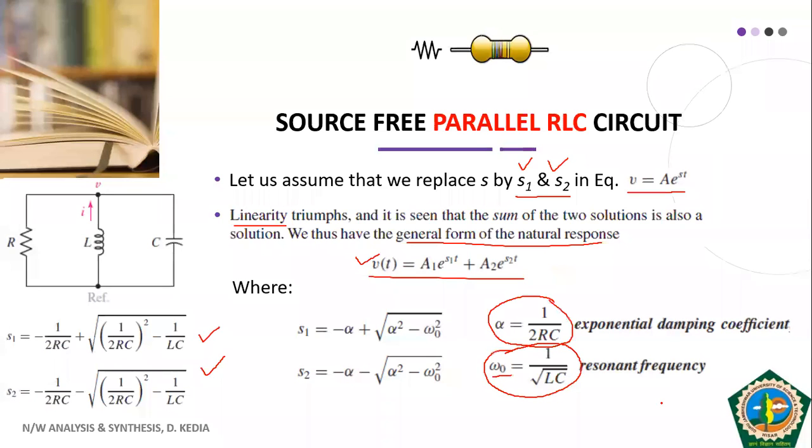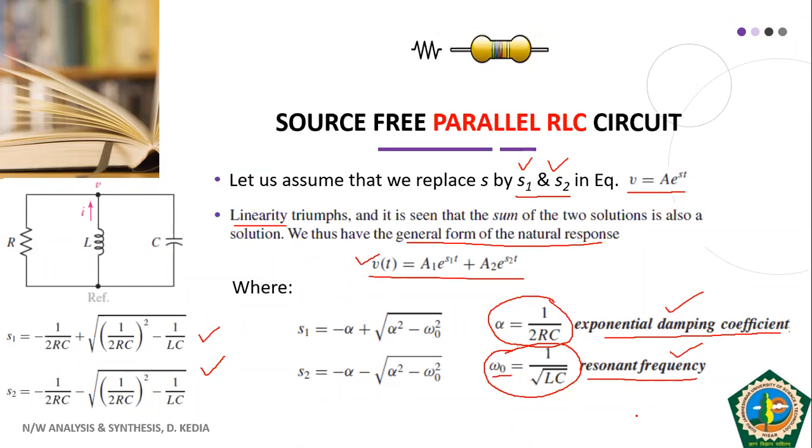Students, I talked about the resonant frequency in the very first slide of today's class. So we have brought the concept of resonant frequency into our equation here. This omega naught is the resonant frequency, and alpha is called the exponential damping coefficient. Right now you need not worry about the explanation of these terms; you can simply memorize the nomenclature.